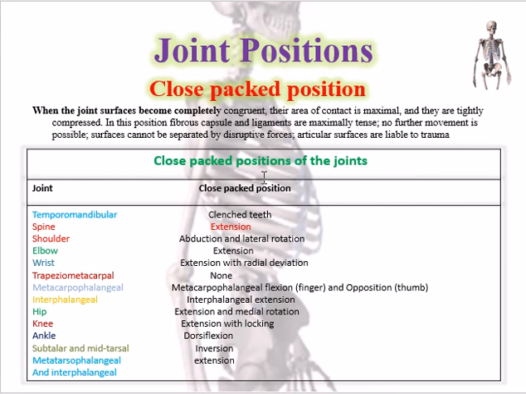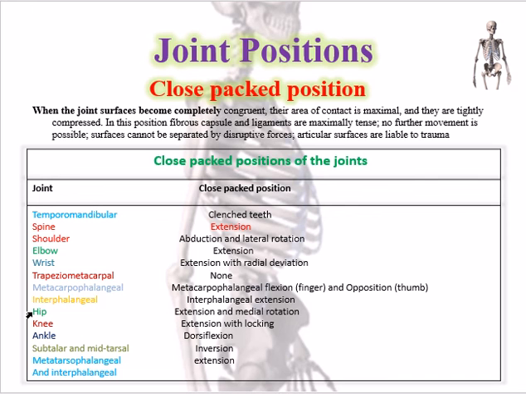Now look at the closed packed positions of the joints. Temporomandibular joint, clenched teeth. Spine, extension. Shoulder, abduction and lateral rotation. Elbow, extension. Wrist, extension with radial deviation. Trapeziometacarpal joint, none. Metacarpophalangeal, flexion of fingers and apposition of thumb.